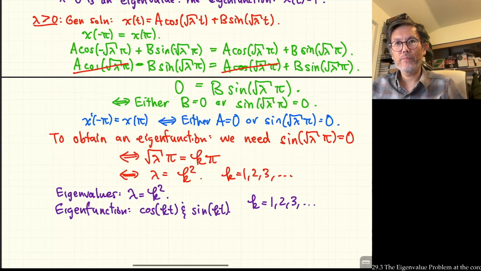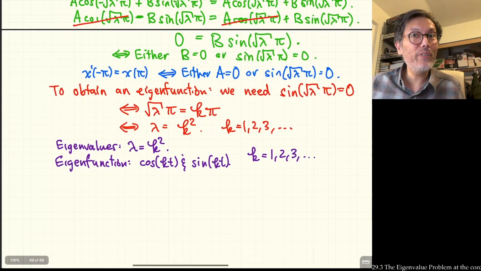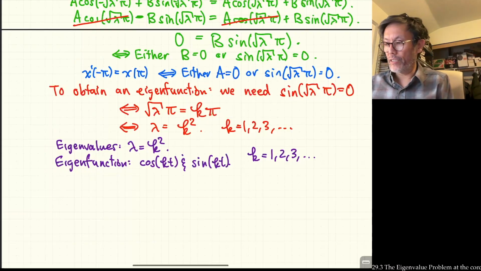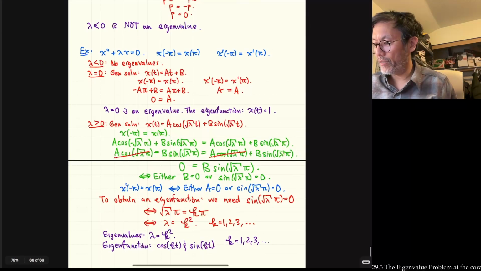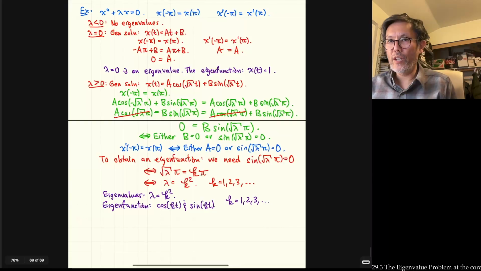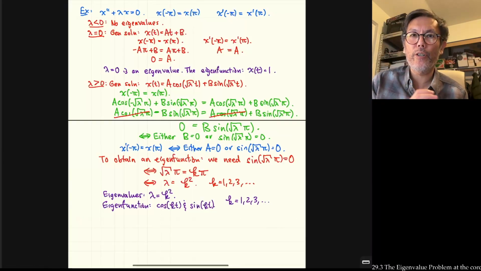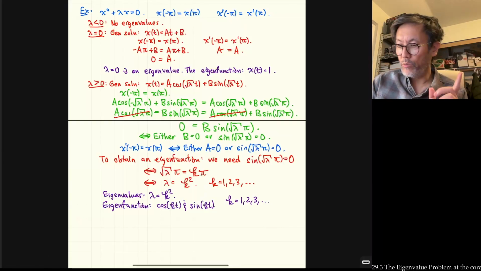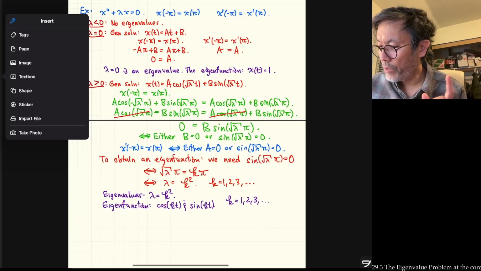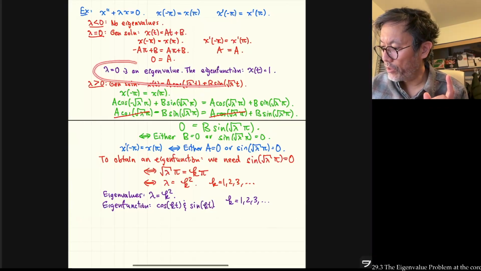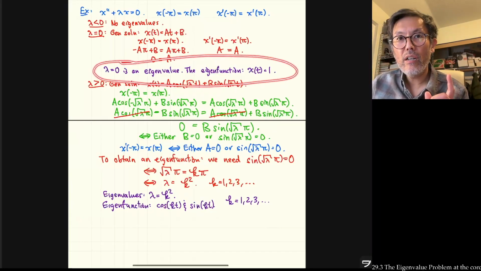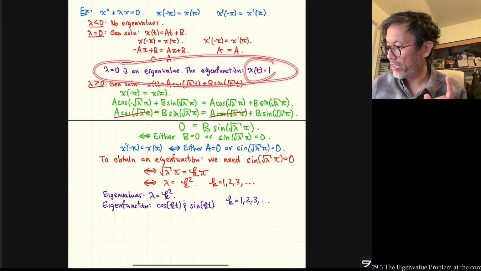Alrighty? And so we solved the eigenfunction problem here, this second one. And this is one that is very, very important for Fourier series, okay? What is the conclusion? We have lambda equals 0 as an eigenvalue, and the associated eigenfunction is this one.